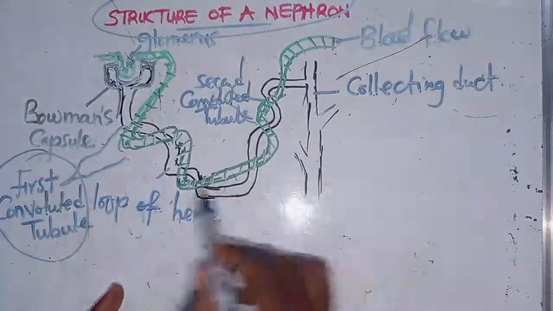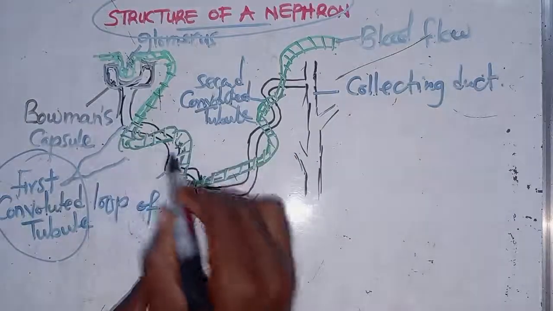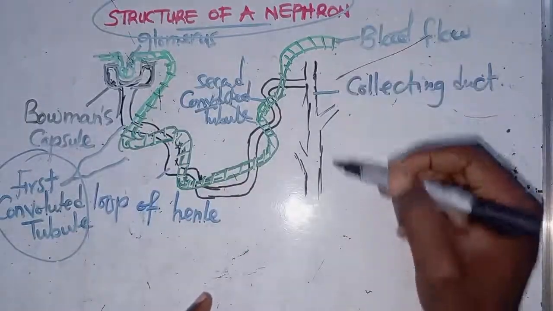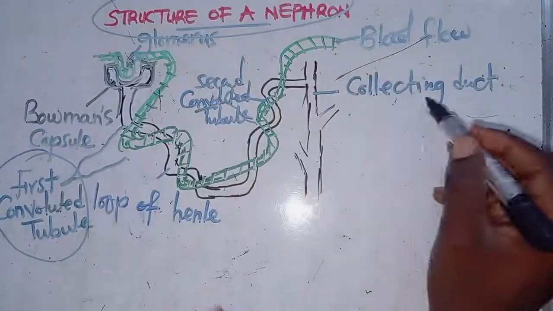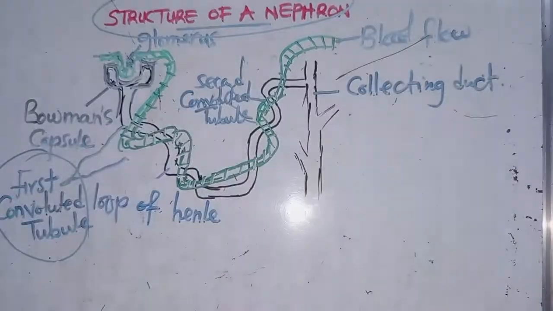Then we've got the loop of Henle, this part here. Then we've got this part that is called the collecting duct. I just want you to understand this, because once I start explaining, it is the information that you have on these things that will enable you to understand the concept.